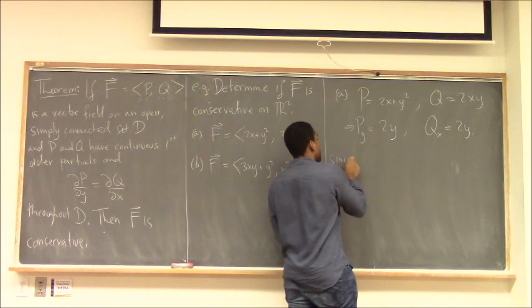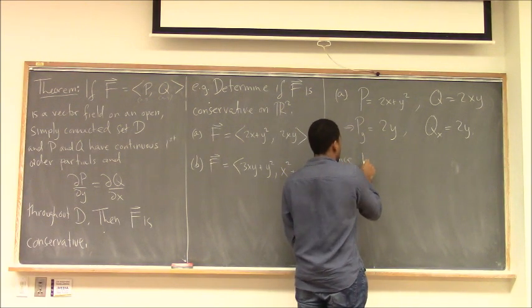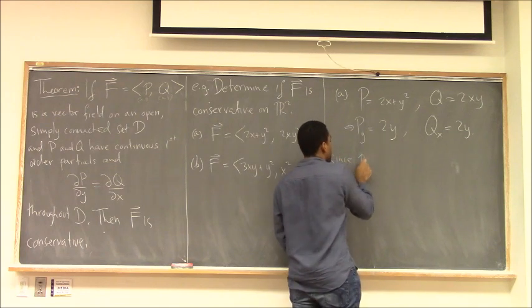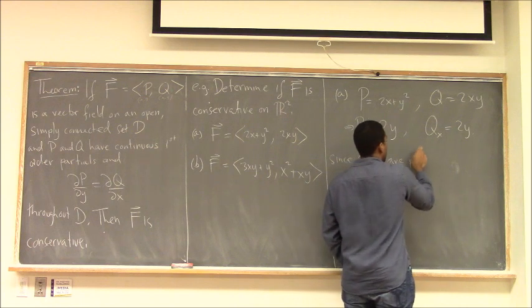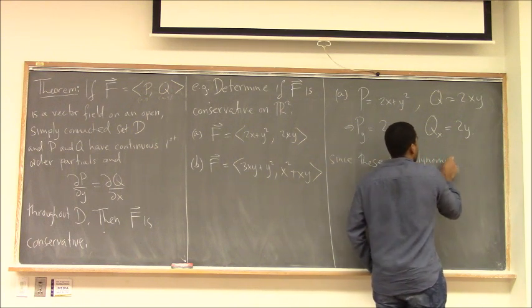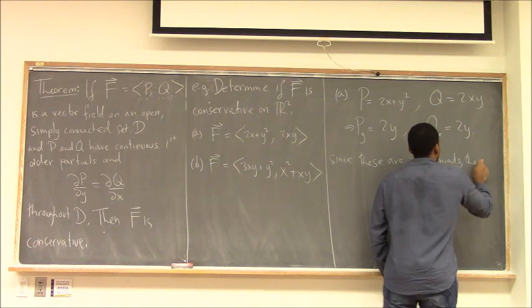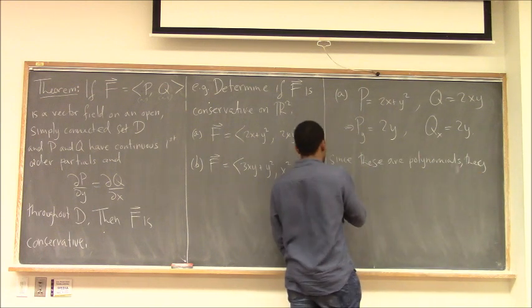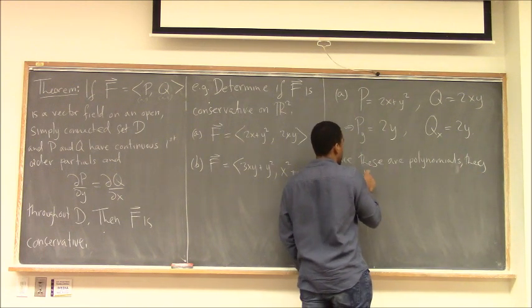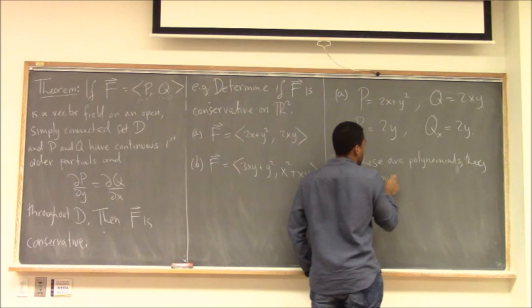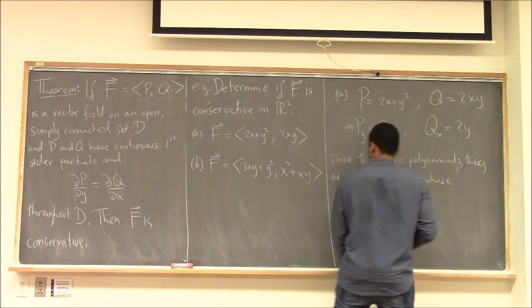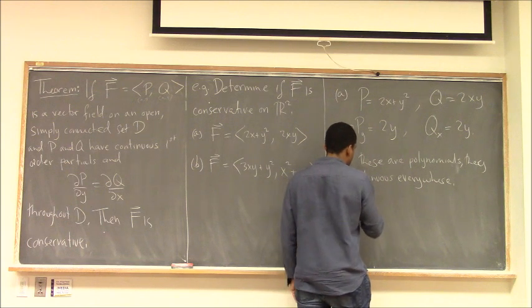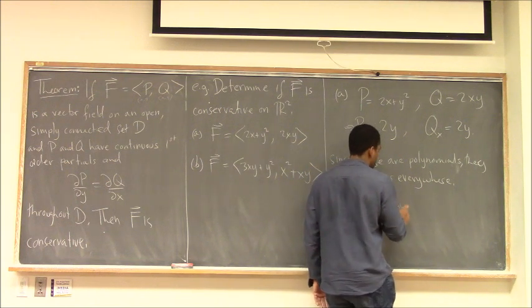And since these are all polynomials, they are continuous everywhere. This means that our f here is conservative.